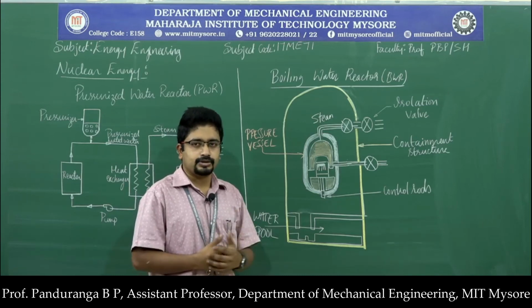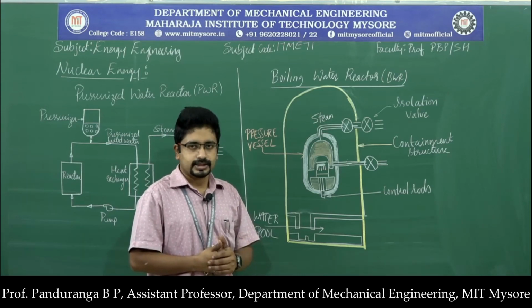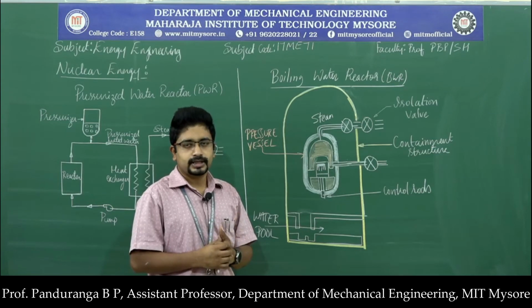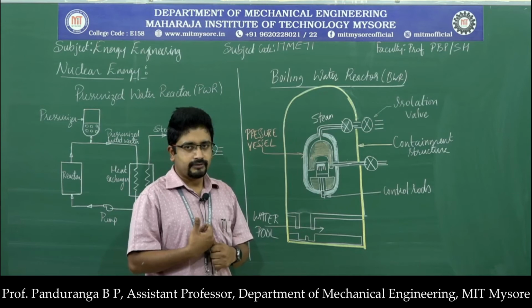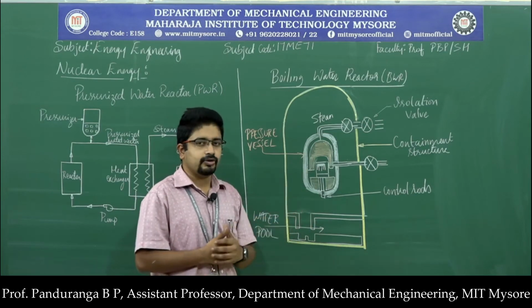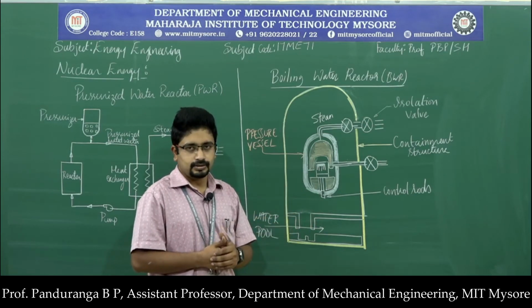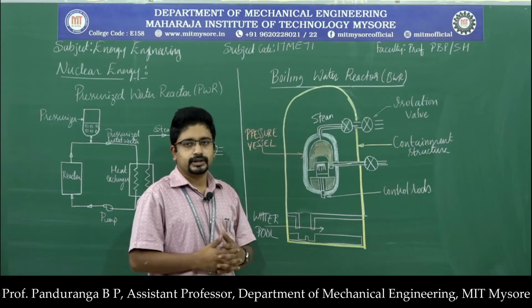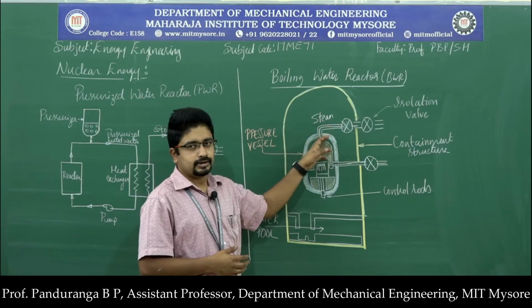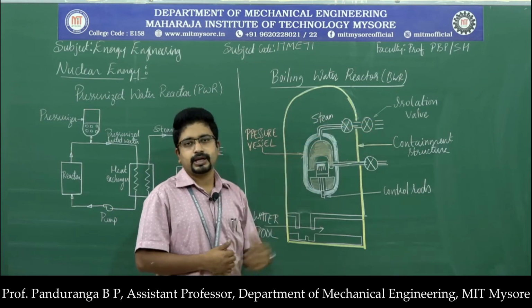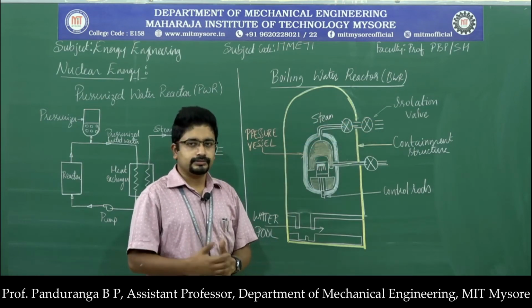So during the nuclear reaction, heat energy will be released, and that heat energy has to be carried away, and for that purpose we are boiling water inside the reactor core. So the water gets converted into steam and that steam will be collected at the top and then supplied to the turbine.